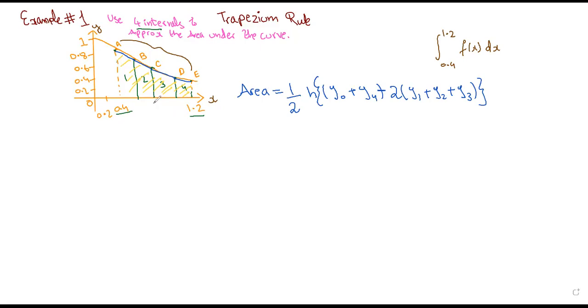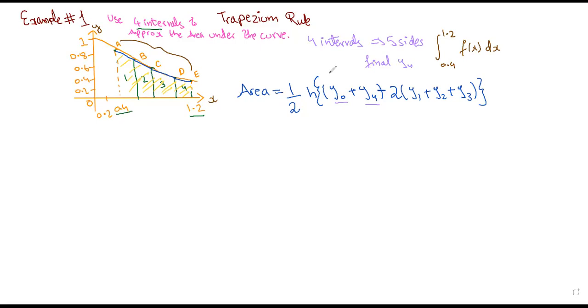Our case had 4 intervals, right? So when we have 4 intervals, although we have 5 sides, since it is starting from y0, the last side would be y4. Be clear with this. 4 intervals imply 5 sides, and the final would be y4.